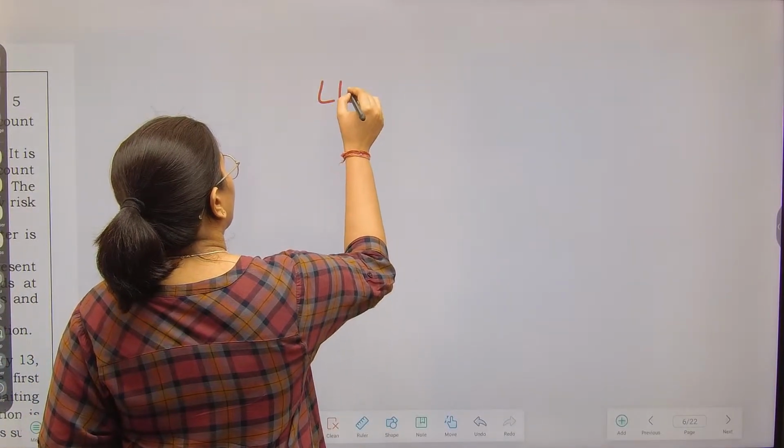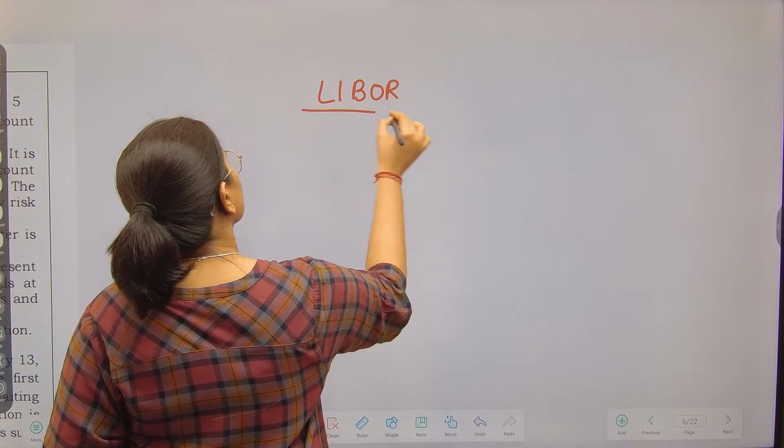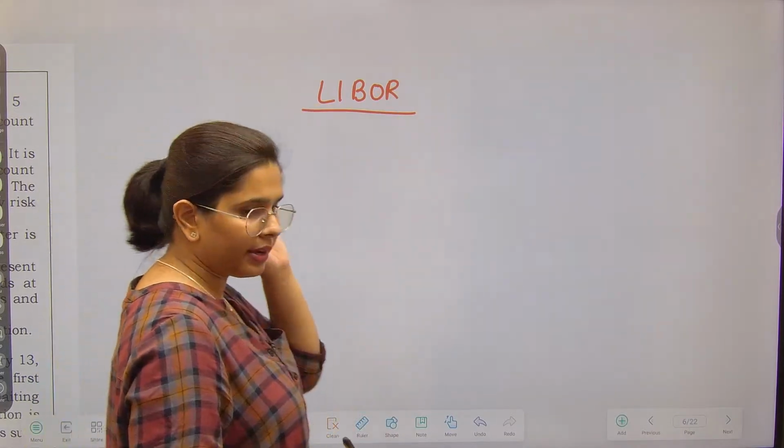So what is going to be the impact of this, or how shall we understand this, etc. LIBOR is the London Interbank Rate, okay?